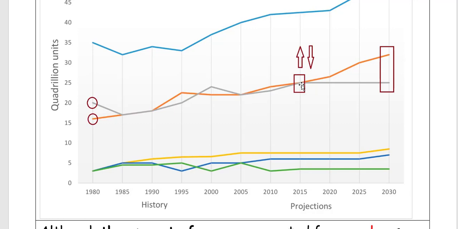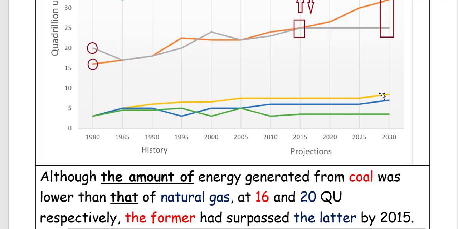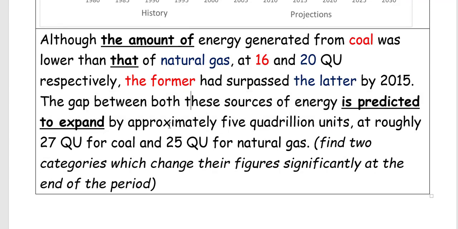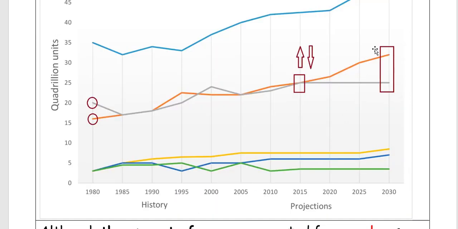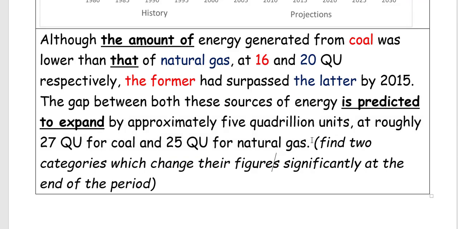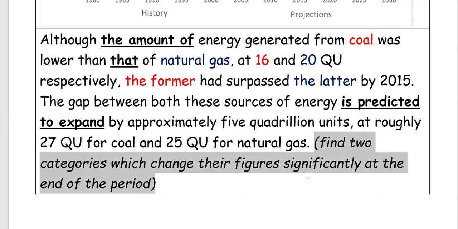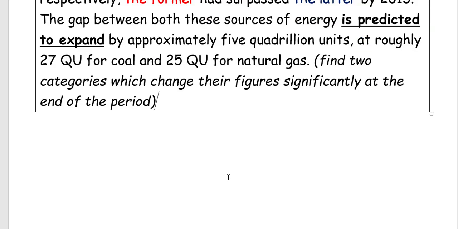Okay, so basically they reached the same level, and then this trend reversed, and we need to indicate this by approximately 5 quadrillion units at roughly 27 quadrillion units for coal and 25 quadrillion units for natural gas. Okay, so here we go. We have these numbers and we need to indicate them. So our job is to find two categories which change their figures significantly at the end of the period.